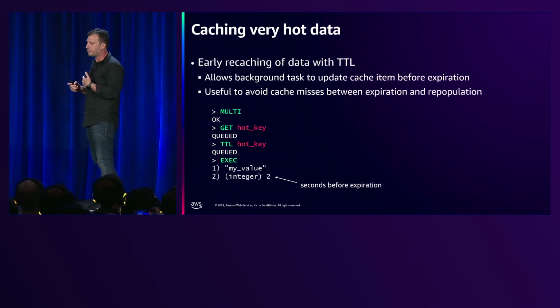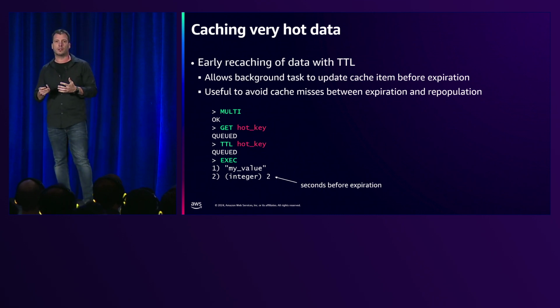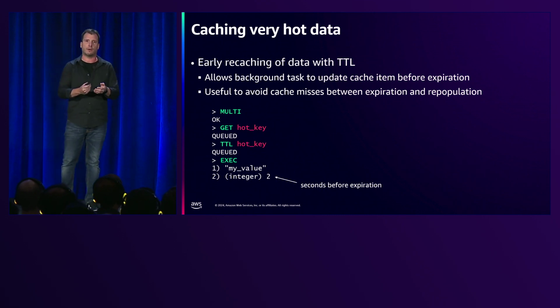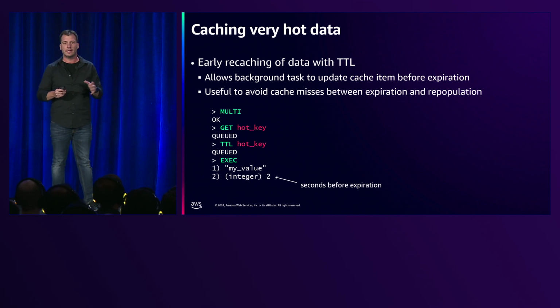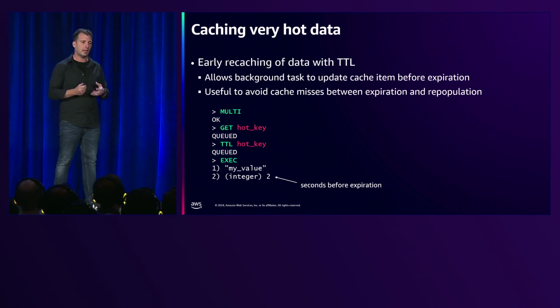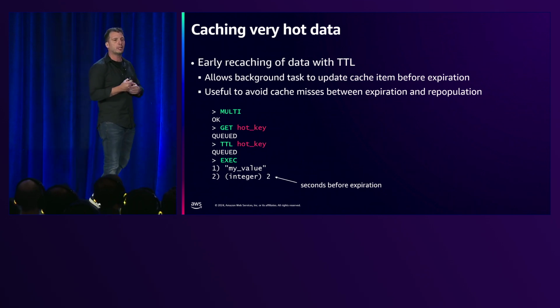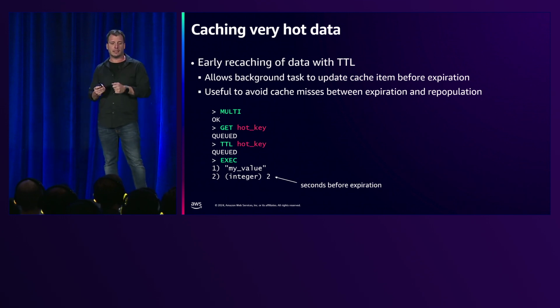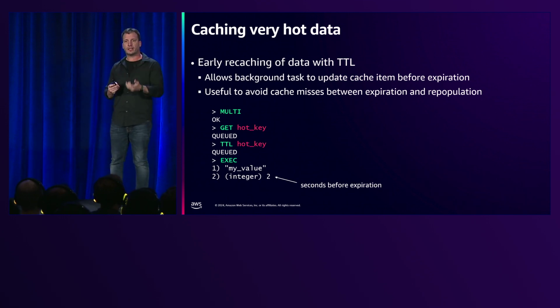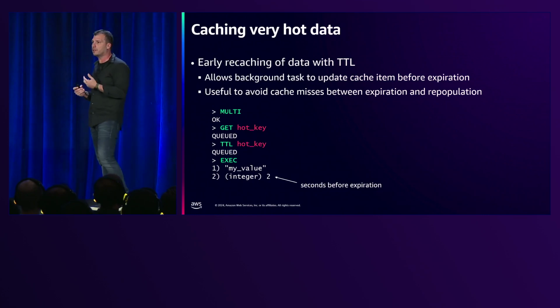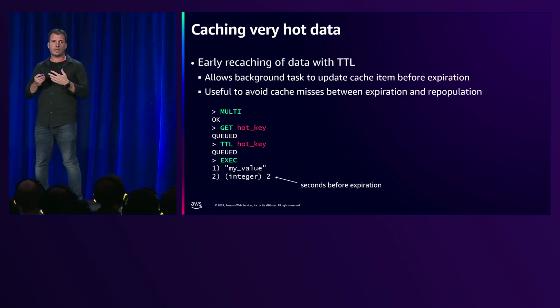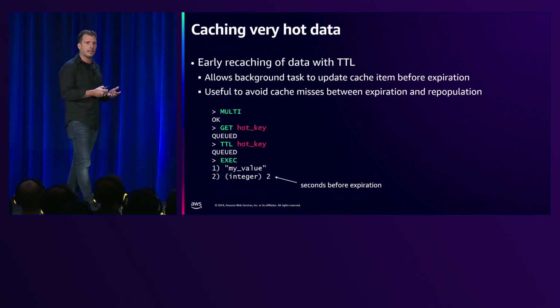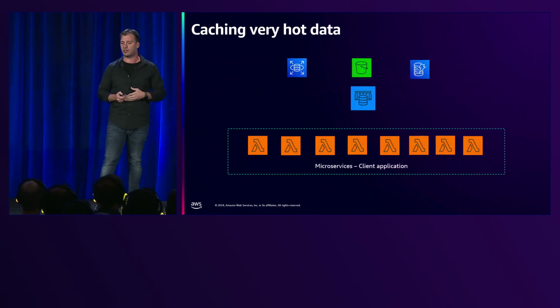Multi-commands allow us to queue multiple different commands and execute them all at once on the server side as one transaction and keep the atomicity of the multiple commands. In this example, I'm first fetching the item from the cache. Then right after that, I'm checking the expiry using the TTL command. And once I've executed on the cache, I'm receiving the value and the seconds before expiration.